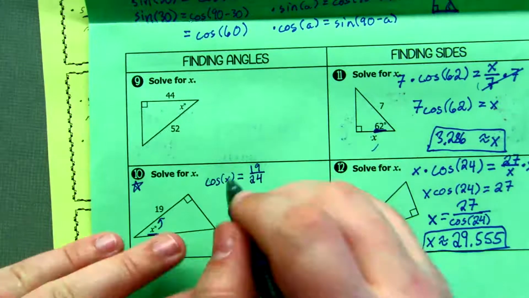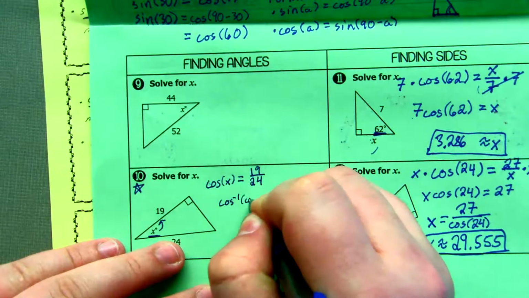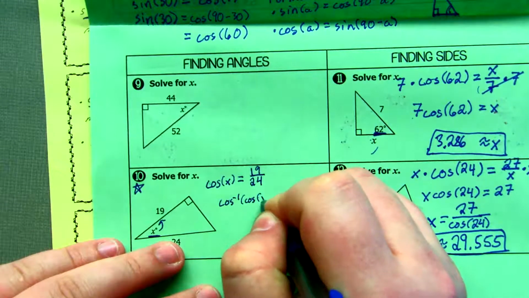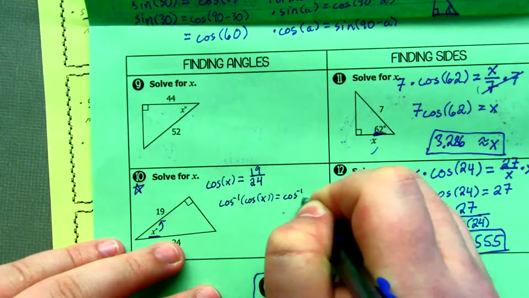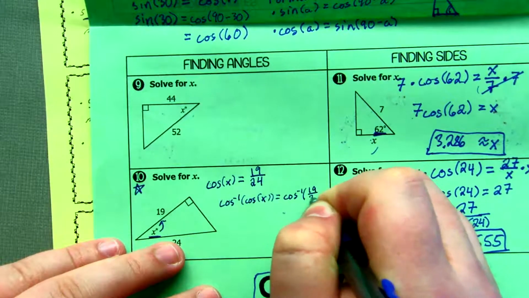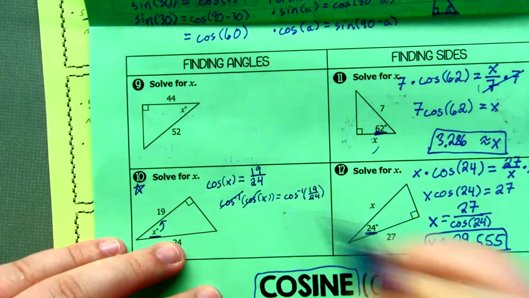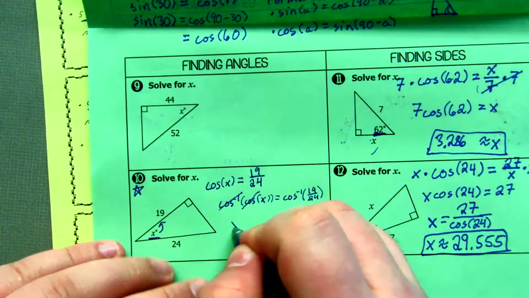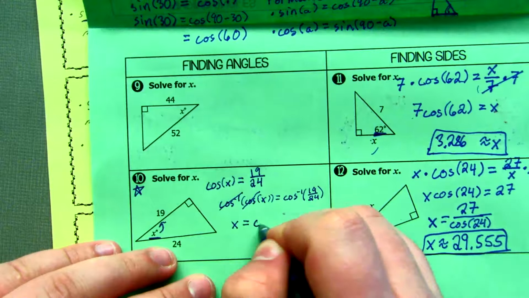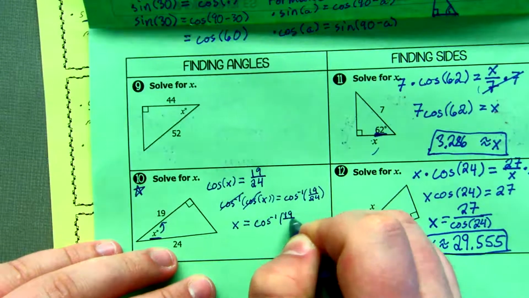We're then going to take the inverse of both sides. On the left, our cosines cancel. And we're left with x equals the inverse cosine of 19 over 24.